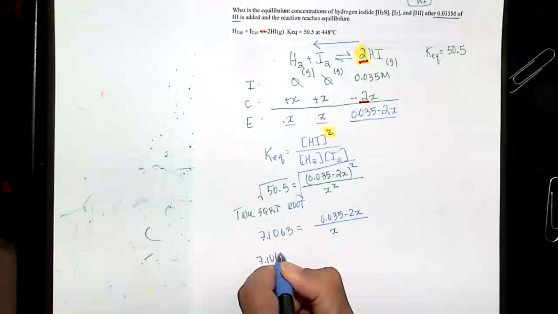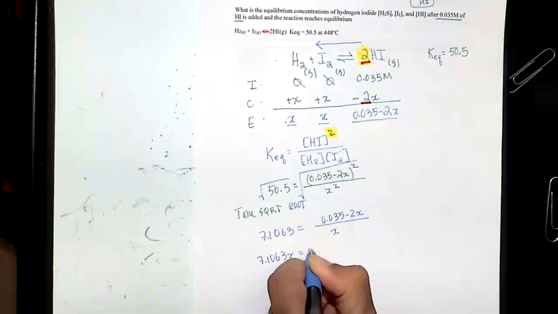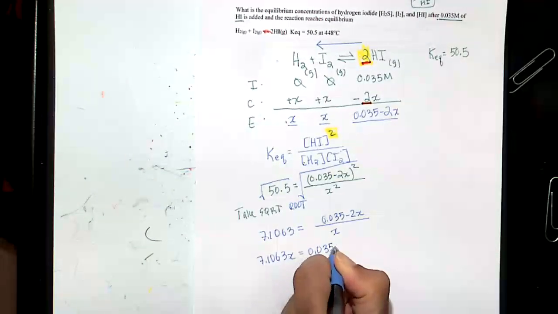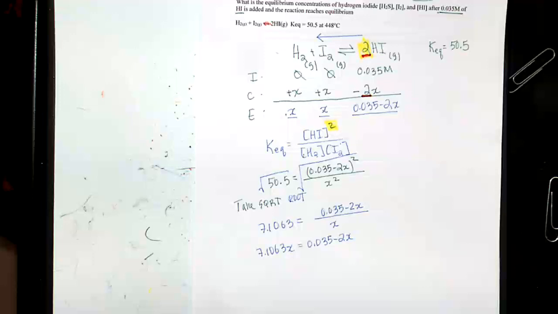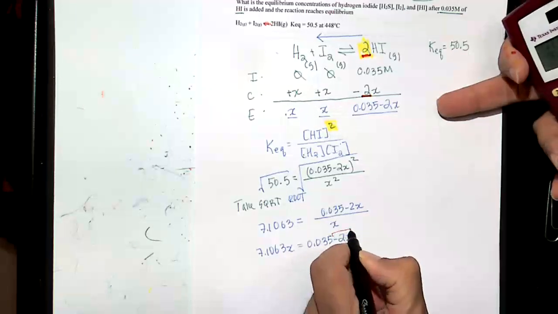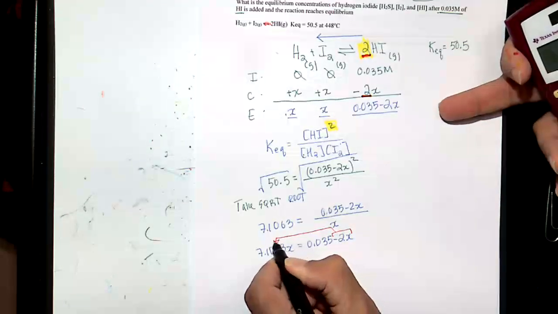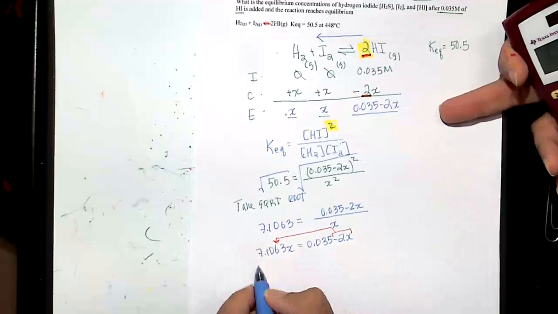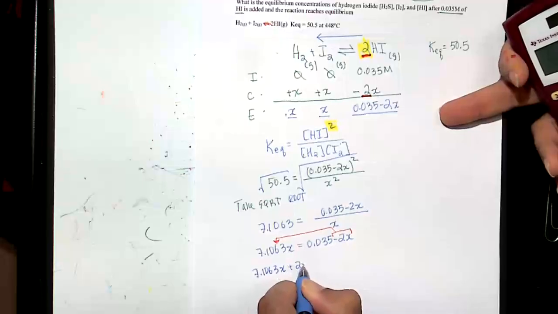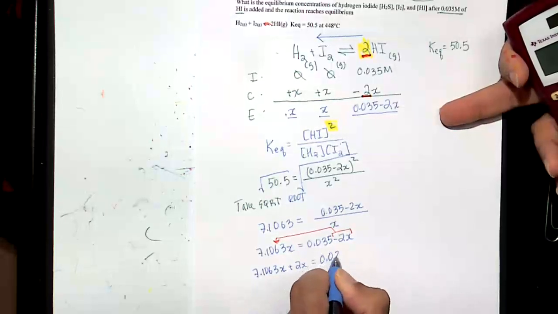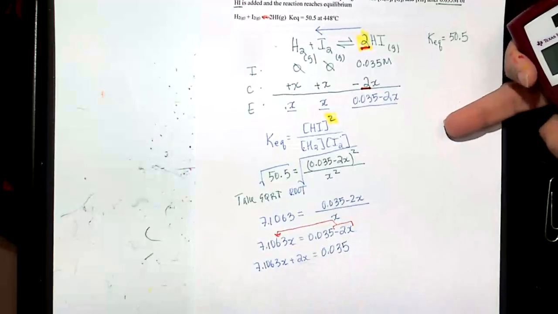So 7.1063x is equal to 0.035 minus 2x. Okay, we'll move the minus 2x to the other side of the equation. So 7.1063x plus 2x is equal to 0.035.